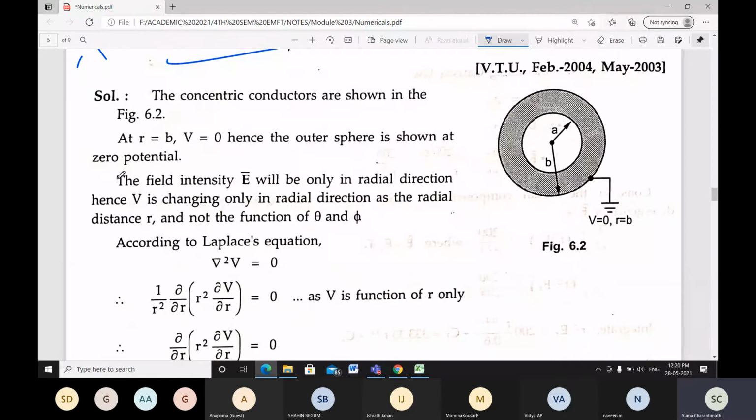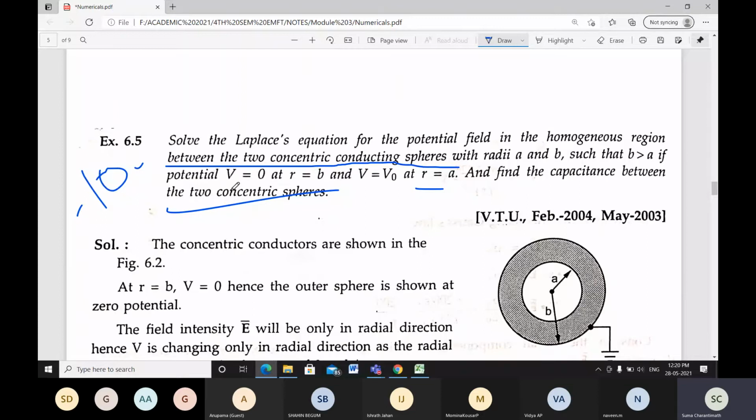Then the field intensity E will be only in the radial direction. Observe how you can tell it's a radial direction if they give a radius. Almost all the problems we go through have variation with respect to r only. If it varies in phi and also in the z direction, this will be difficult for us to find out.